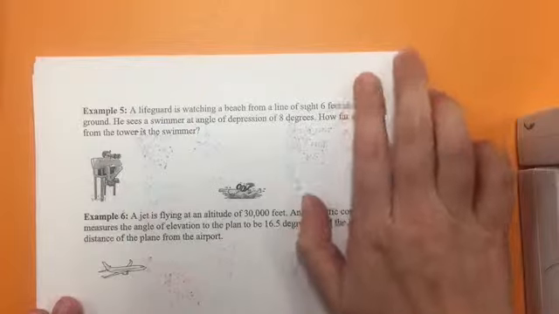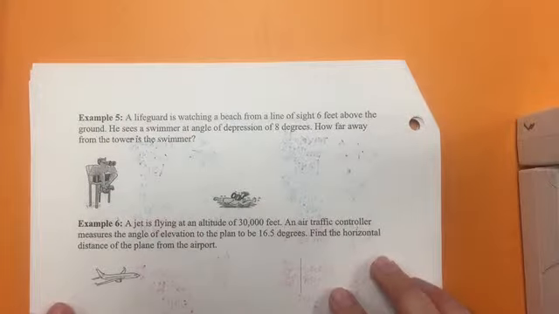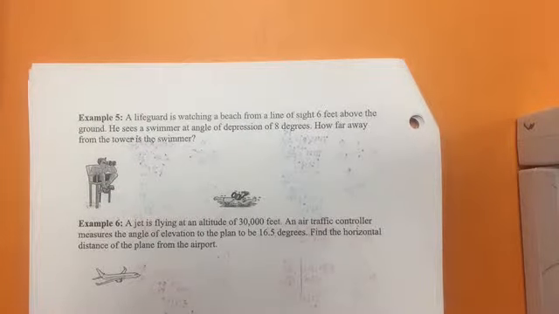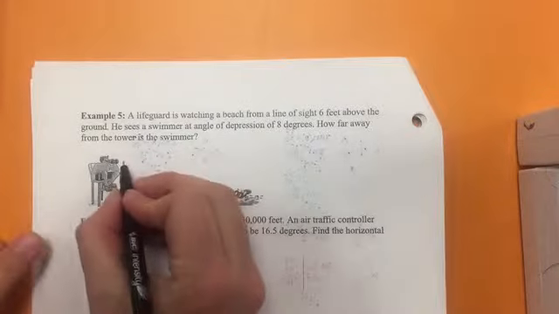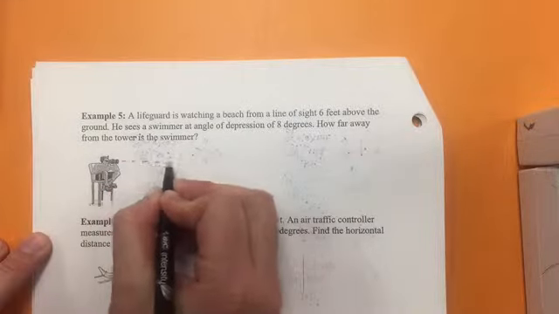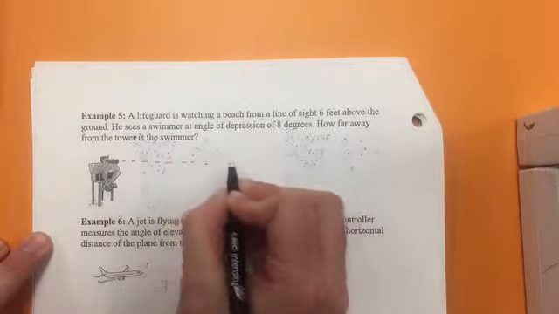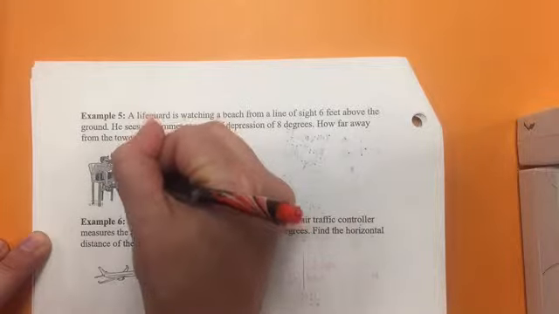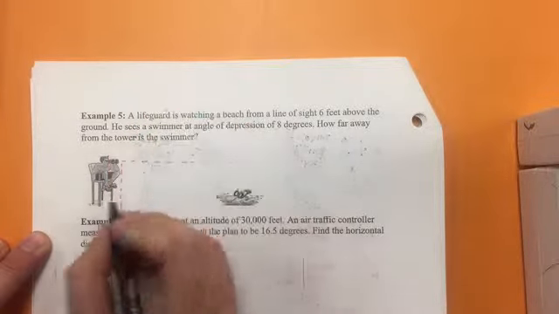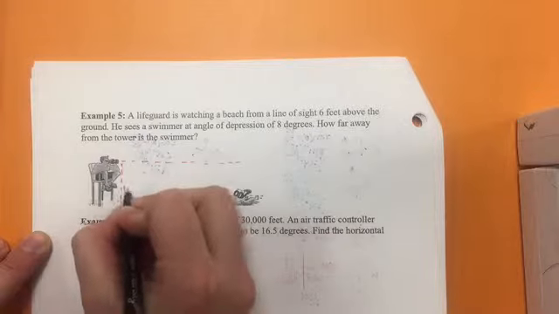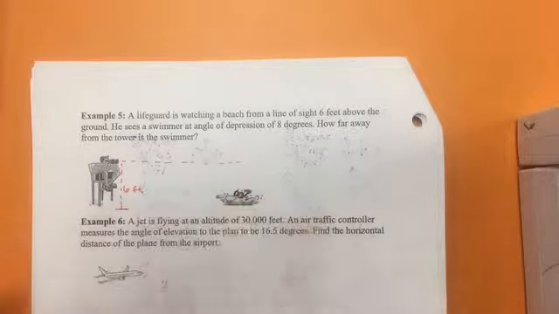A lifeguard is watching a beach from a line of sight 6 feet above the ground. So I'm going to draw, here's his line of sight. It is 6 feet above the ground. Here's the ground, 6 feet.